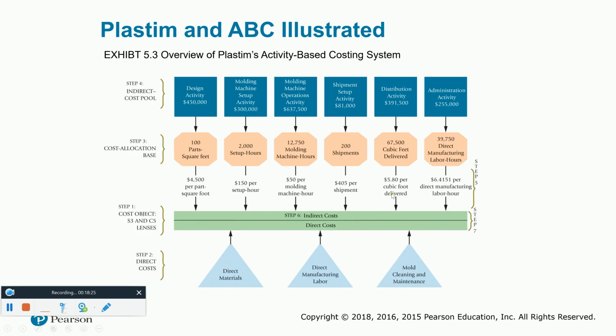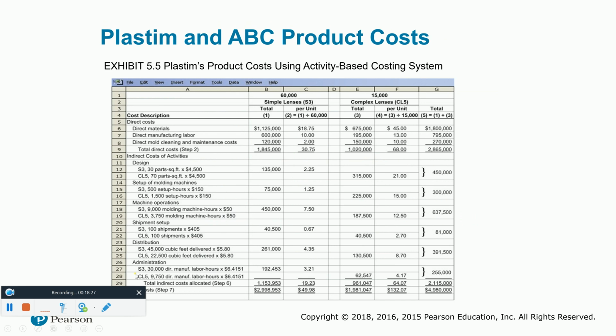The distribution, what did we say it was? 5.80 per cubic foot delivered, 45,000 cubic feet delivered times 5.80, 261,000 for the simple lenses. For the complex lenses, 22,500 cubic feet delivered times 5.80 equals $130,500.